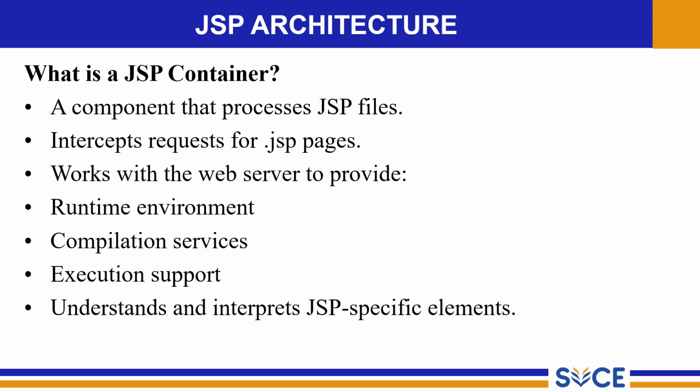Once translated, the servlet is compiled into a class file that the server can execute. After compilation, the JSP container also manages execution support. It ensures that the generated servlet runs correctly, processes any embedded logic, interacts with databases or backend resources if needed, and produces the final HTML output. This result is then handed back to the web server, which sends it to the client's browser.